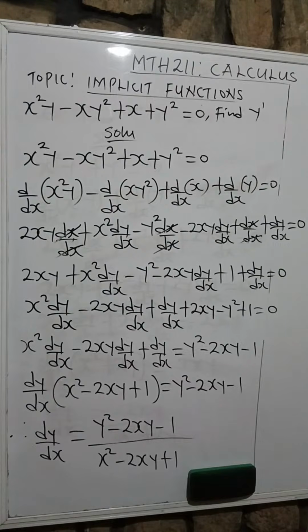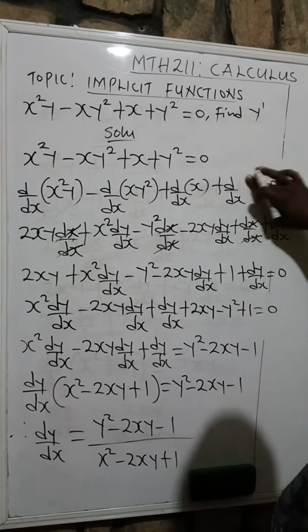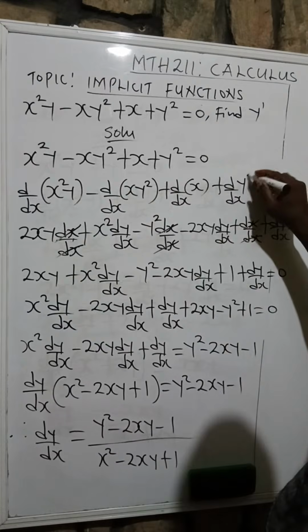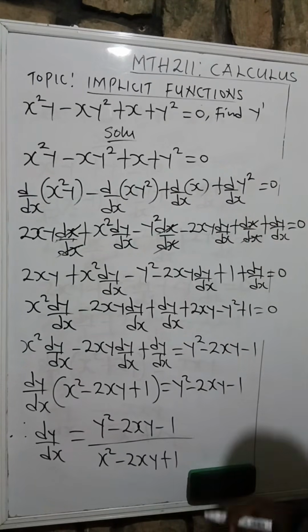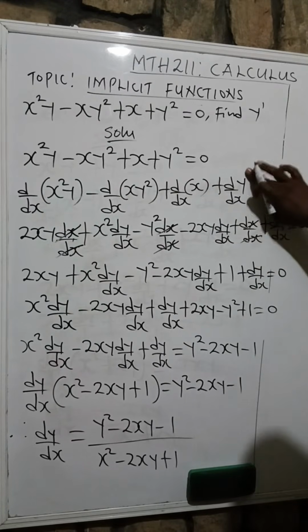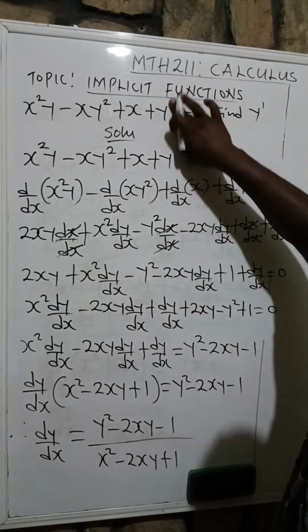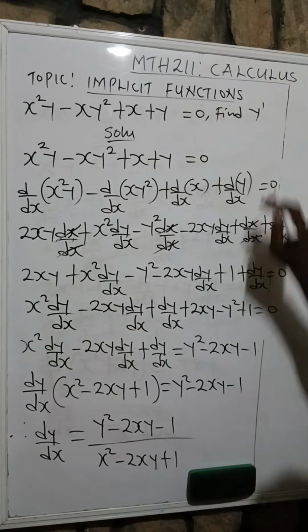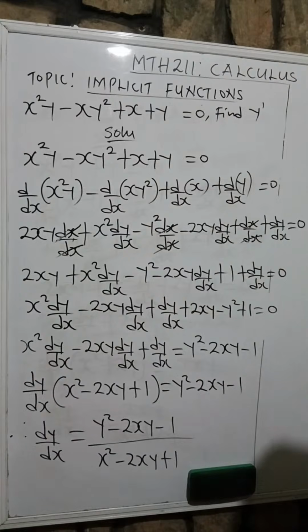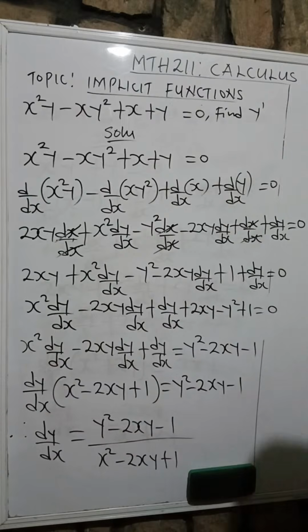Yeah, the last here is supposed to be y squared. But since we already solved it, we are going to leave it like this. If we leave it like this, this is how you are supposed to solve it.